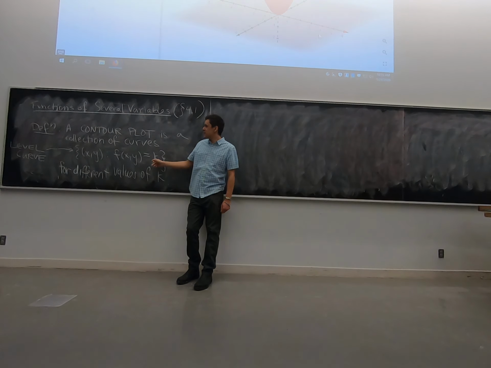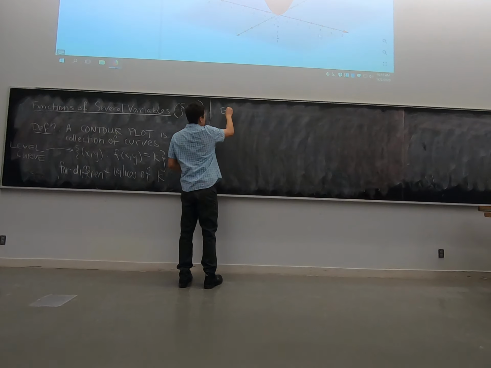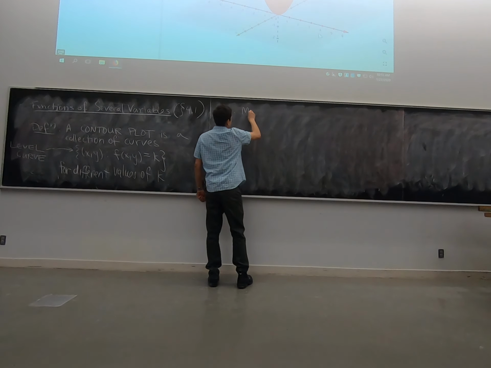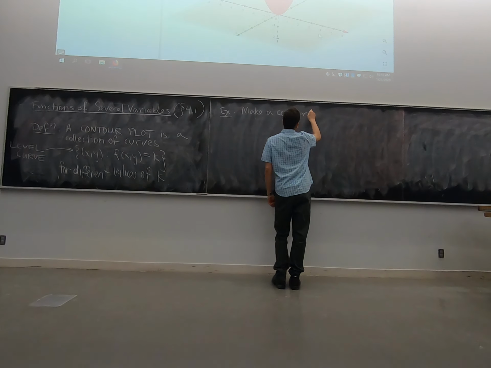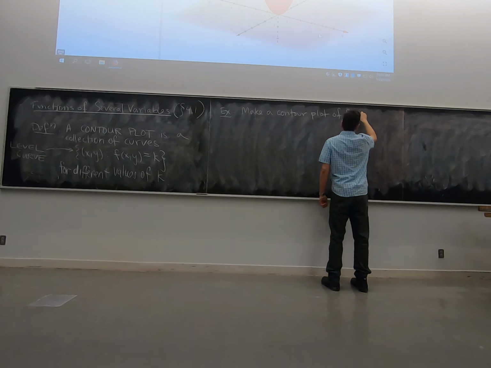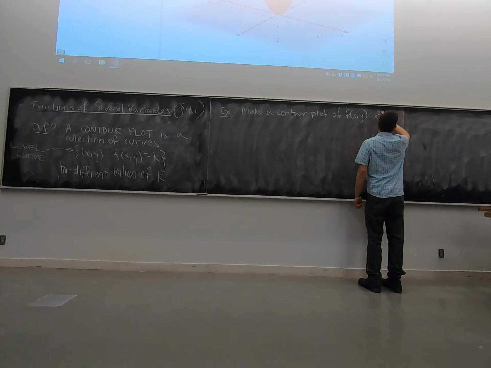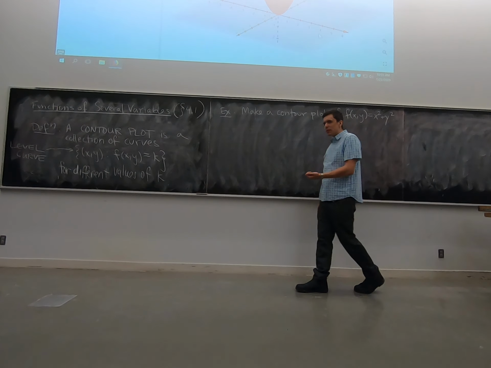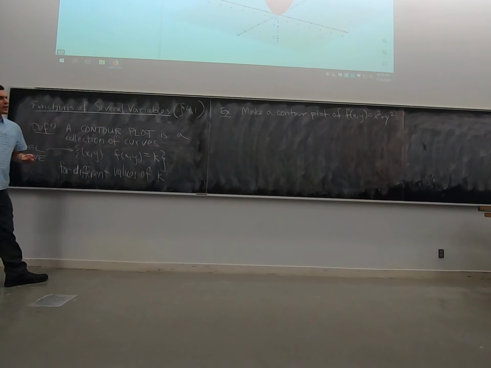We would always be at the same level. Okay, so we call these guys level curves. So we'll make a contour plot of that same function x squared plus y squared.